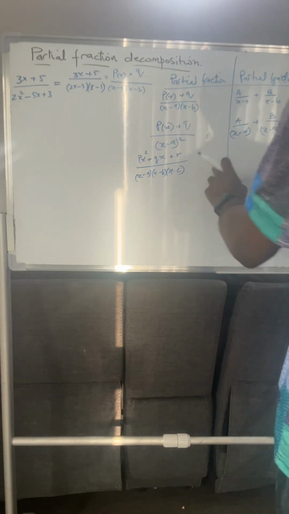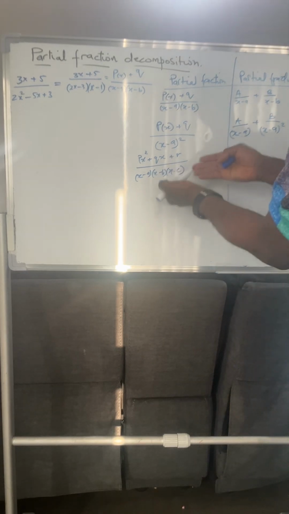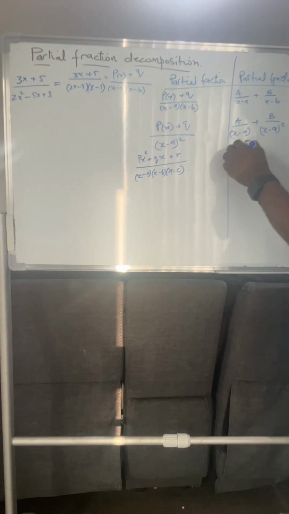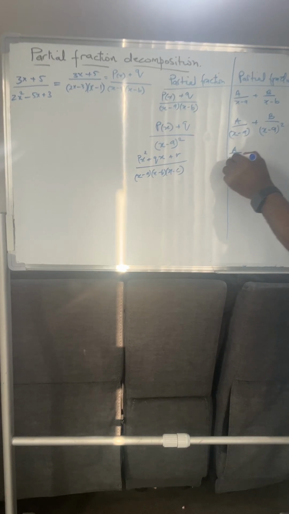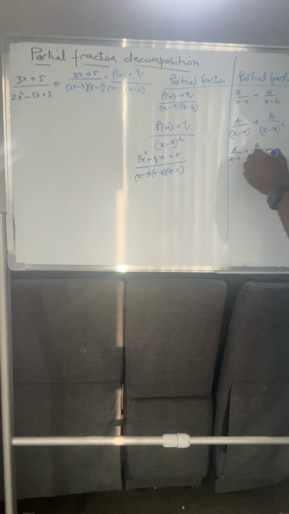How would it look in the partial fraction form? What would you get? Again, this is just like our first case. You will get a all over x minus a plus b all over x minus b plus c all over x minus c.